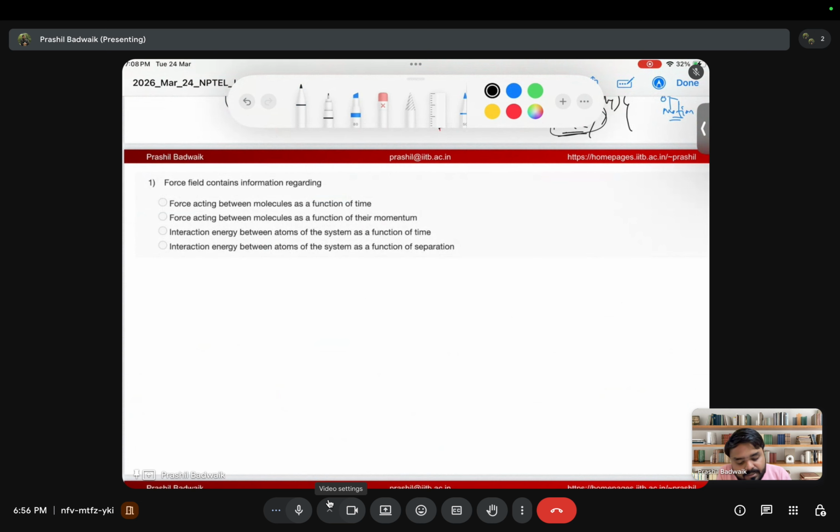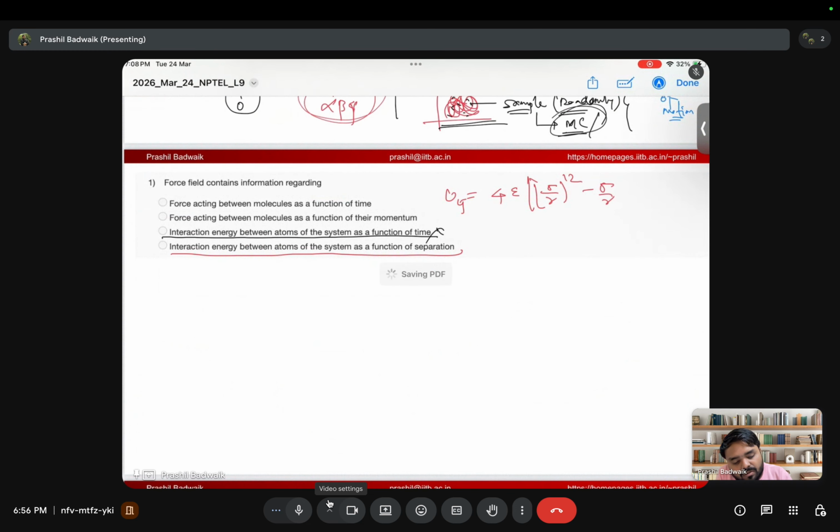It gives the interaction energy between the atoms of the system as a function of time. No, this is not the case. It gives you the interaction energy between atoms as a function of separation distance, just like I had drawn: U_LJ equals 4 epsilon [(sigma by r) raised to the power 12 minus (sigma by r) raised to the power 6], right?